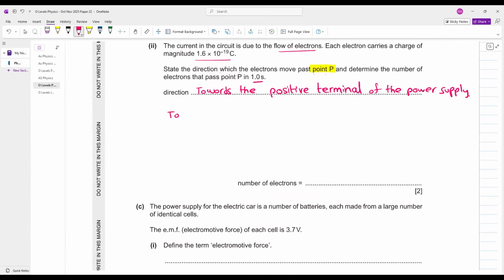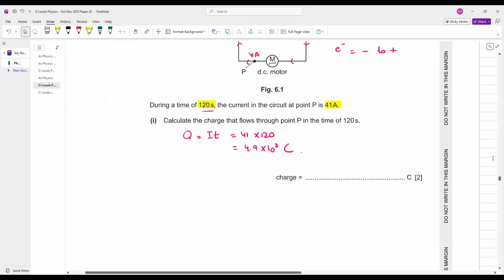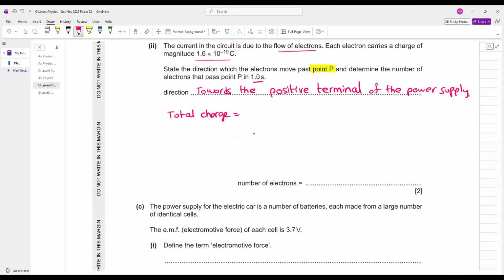बेटा अब आपका टोटल चार्ज कितना था? What was your total charge that was being attained? The total charge is 4.9 10 raised to the power of 3 coulombs. The charge on one electron is 1.6 10 raised to the power of minus 19 coulombs. Can you calculate the number of electrons?